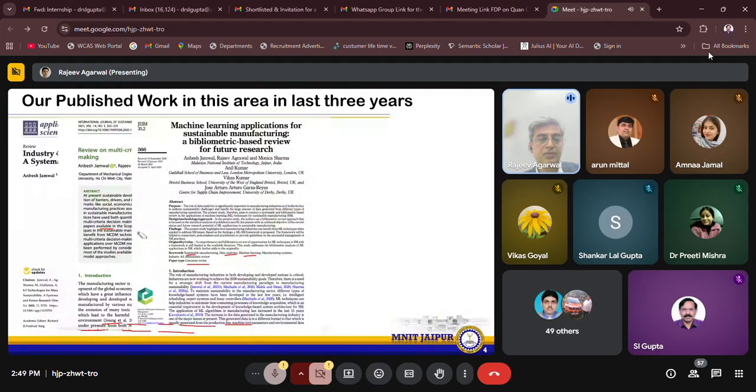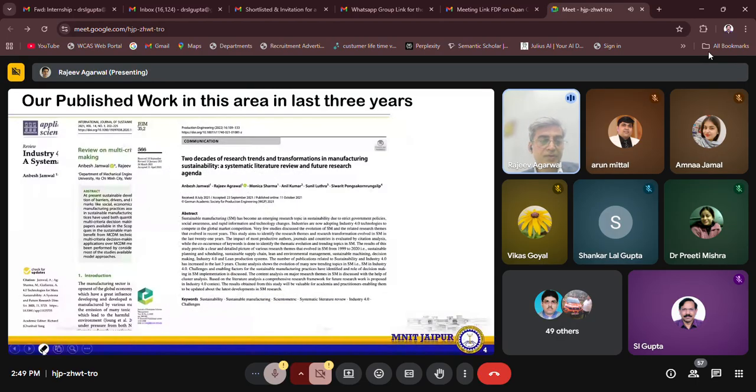We wanted to understand how researchers are advancing in this particular field with various techniques. So MCDM, AI, machine learning, everything we have covered.